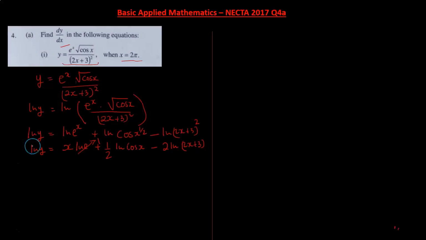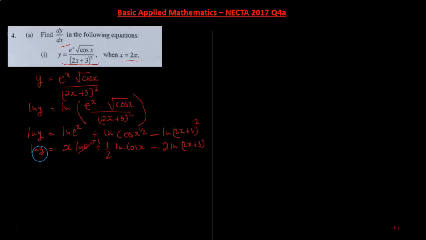Now at this point we can differentiate with respect to x. What do we get when we differentiate natural logs? Well, you get on top the derivative of what's inside, divided by what's actually inside.